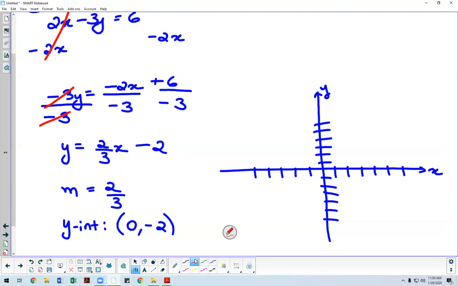Down. 0, negative 2 will be negative 2 on the y-axis, right? And then this is still a positive slope. So that means you are going up and right. Or of course you can go down and left. So if I go up 2, right 3, or if I go down 2, left 3, I should be somewhere over there.